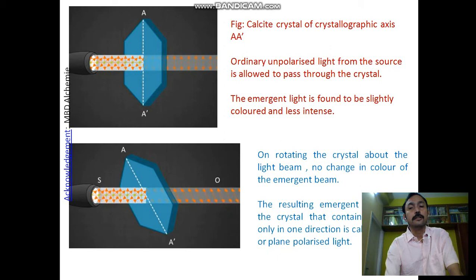That means no change in color of the emergent beam. The resultant emergent light from the crystal contains vibrations only in one direction, and is called linearly polarized light or linearly plane polarized light.